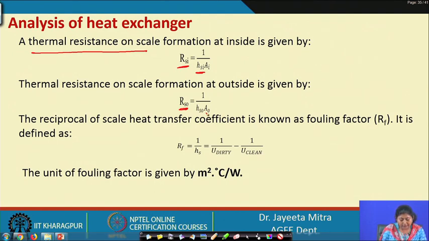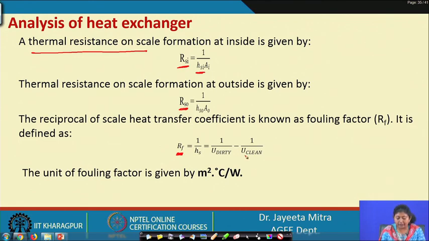So, the reciprocal of the scale heat transfer coefficient is known as the fouling factor RF. Okay. So, the fouling factor RF is 1 by U dirty, that is the overall heat transfer coefficient when the system is dirty, minus 1 by U clean, that is the overall heat transfer coefficient of the system when the deposition was not there.